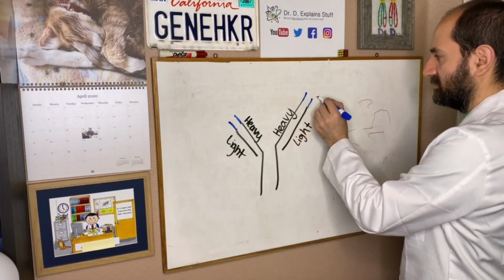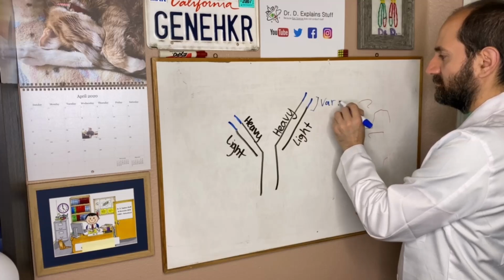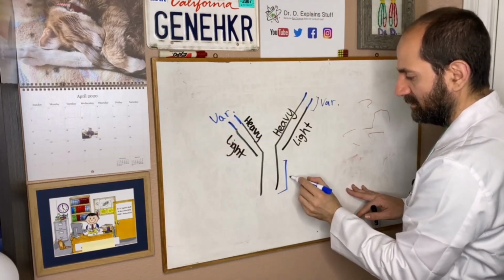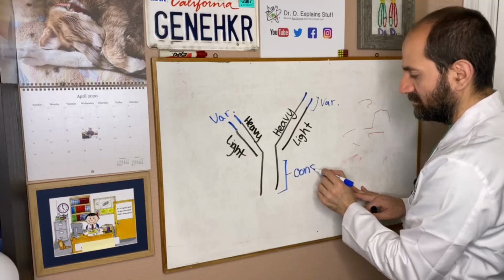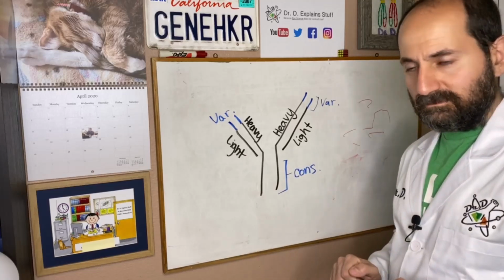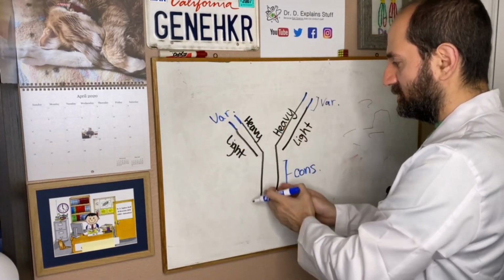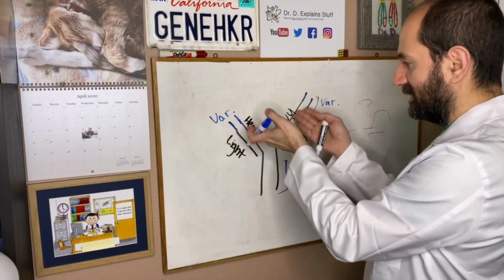This blue part's called the variable part. And the stem here is called the constant region. So you've got the constant region, the variable region, light chains and heavy chains.